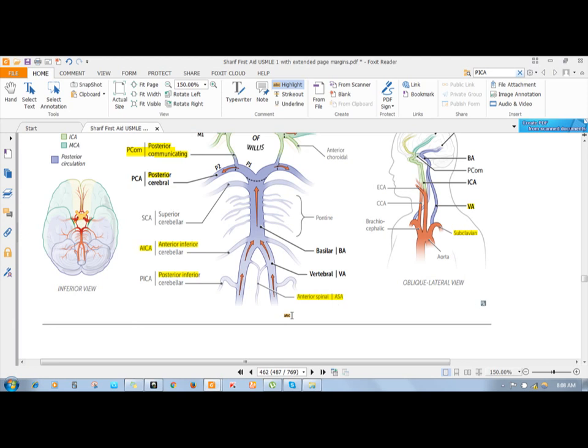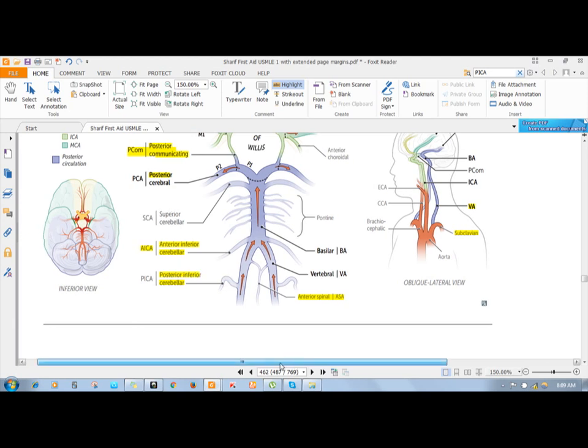With the cerebellar arteries, anterior inferior and posterior inferior, you are going to have some cerebellar syndrome. The common cerebellar symptoms are ataxia and dysmetria.